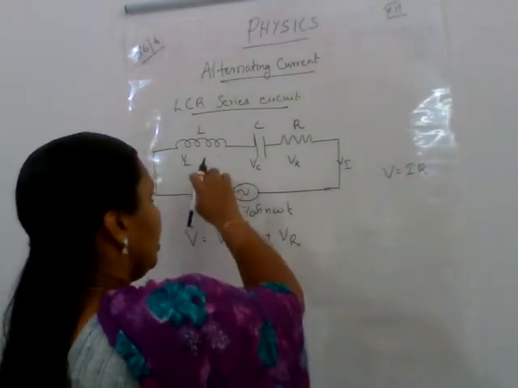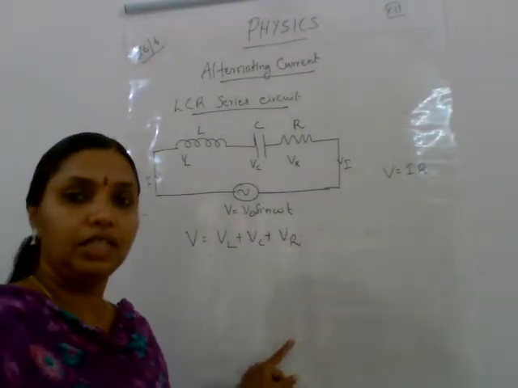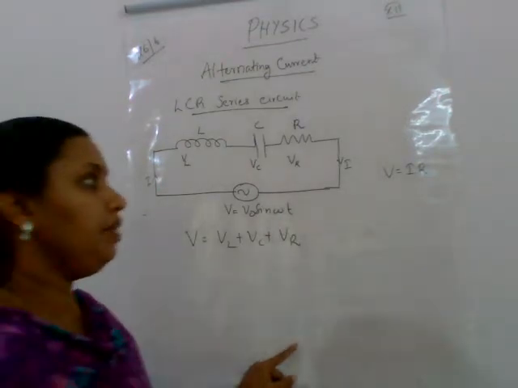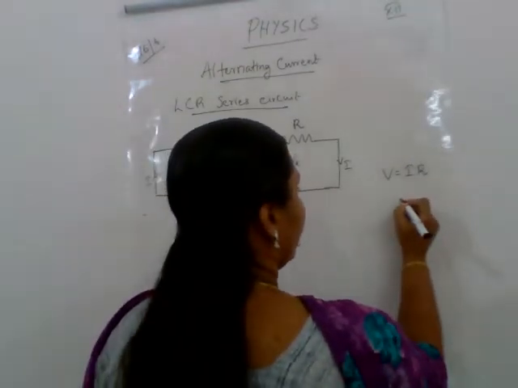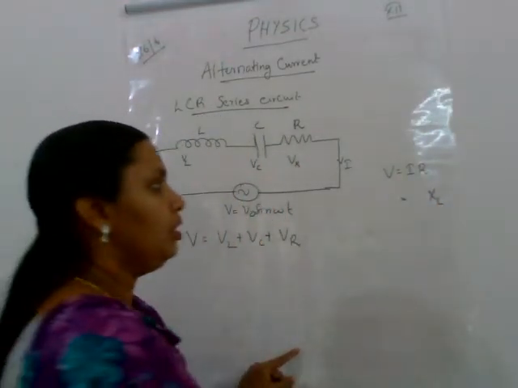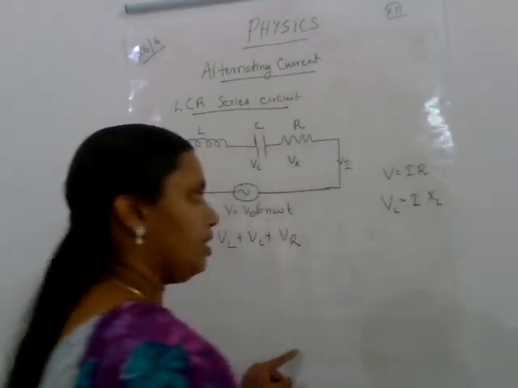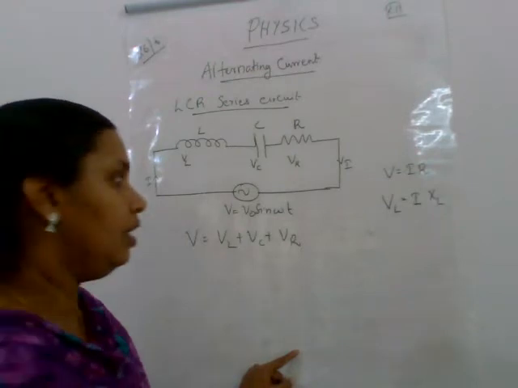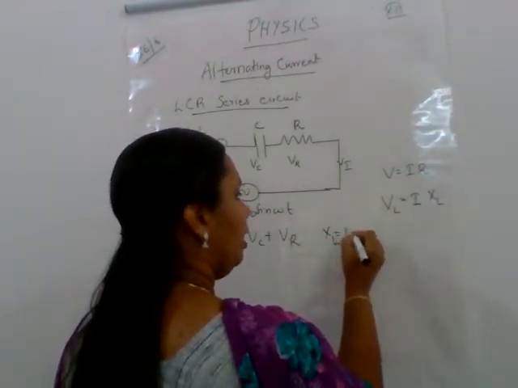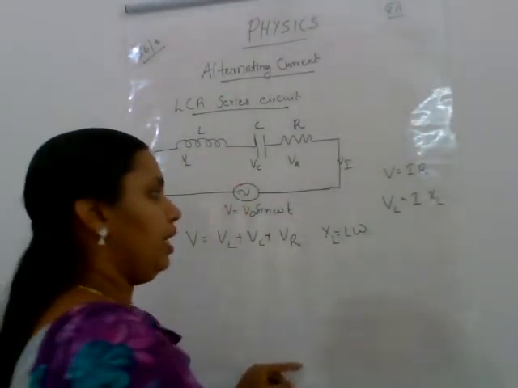In the inductor, the opposition offered to AC is known as inductive reactance, represented by XL. So VL is equal to I XL, and XL is equal to L omega.